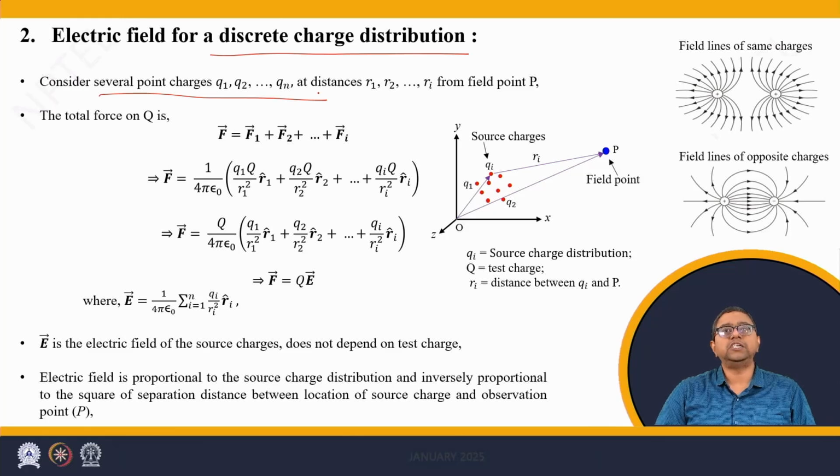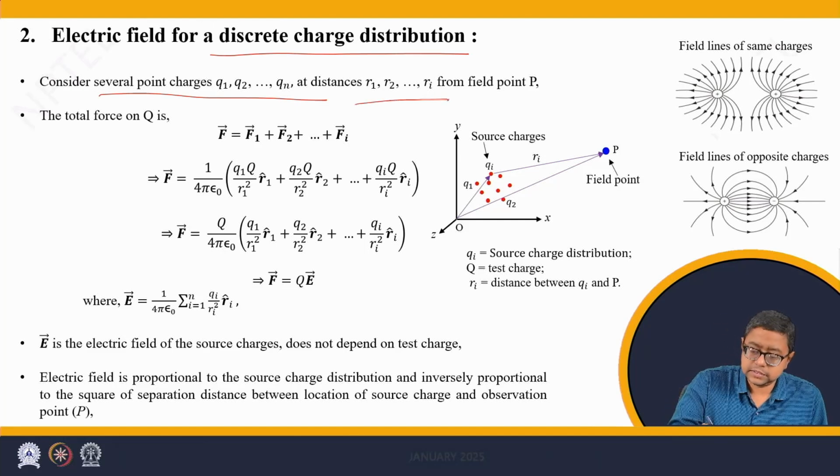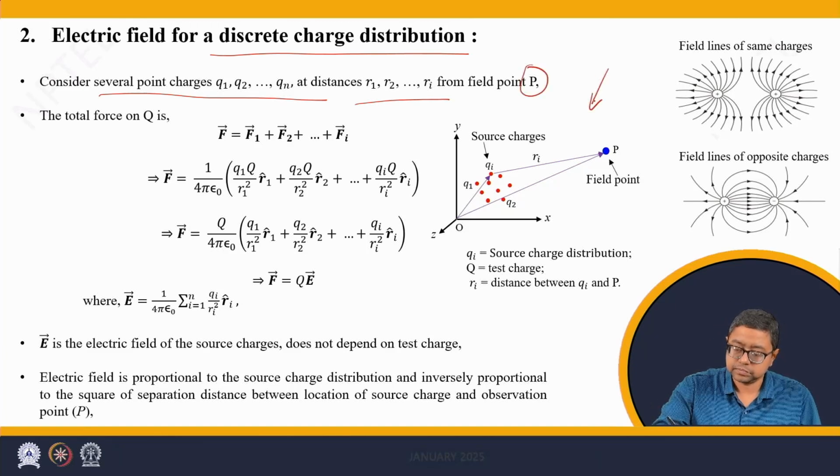The several point charges are denoted by Q1, Q2 up to Qn. These are at corresponding distances r1, r2, etc. from the field point capital P. Now, this is clarified in this diagram.